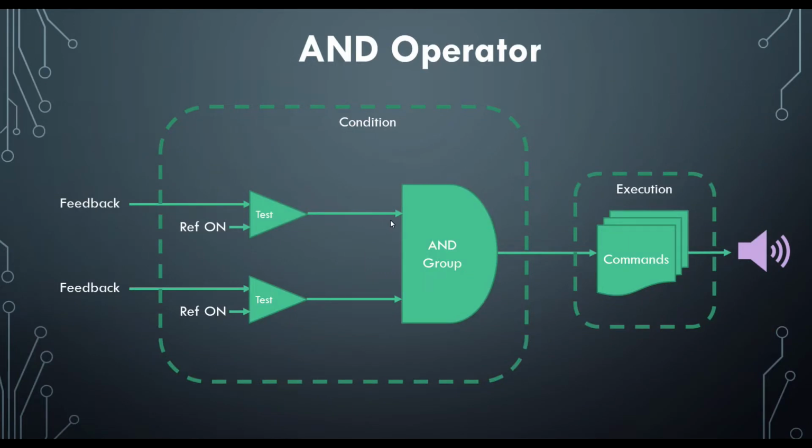Again, rule number 1 says an AND group must contain at least one state, and a state is only available from a dual mode element. In our example here, we will select a feedback as the dual mode element, and the state that we want to detect will be the on state.